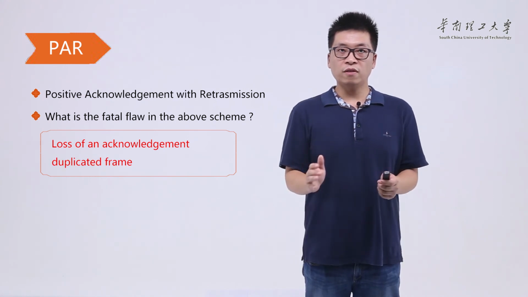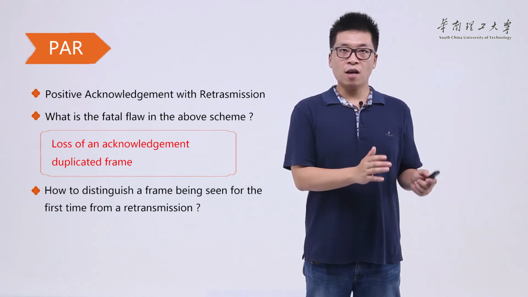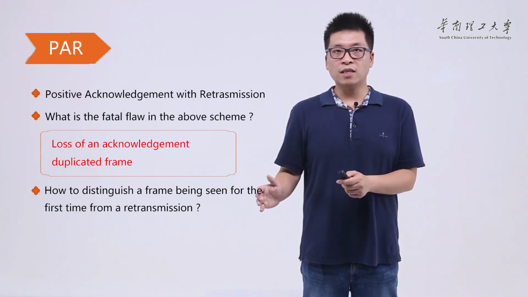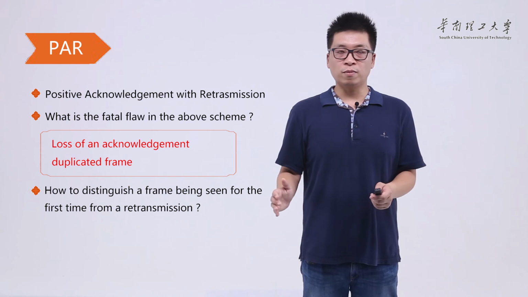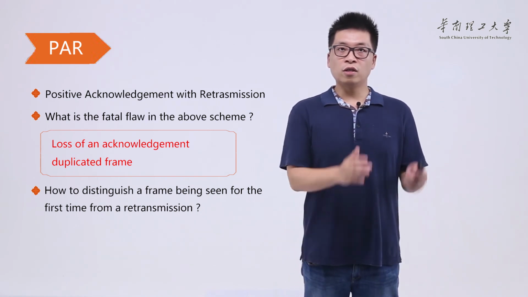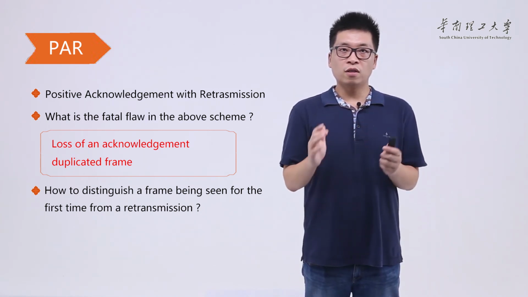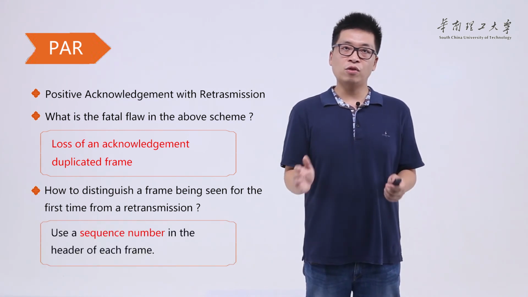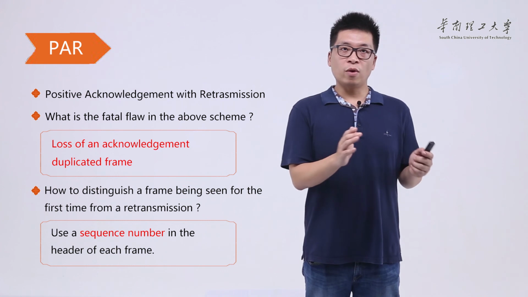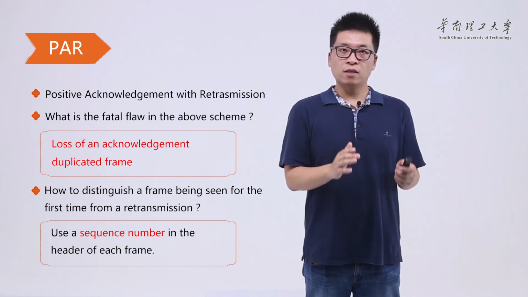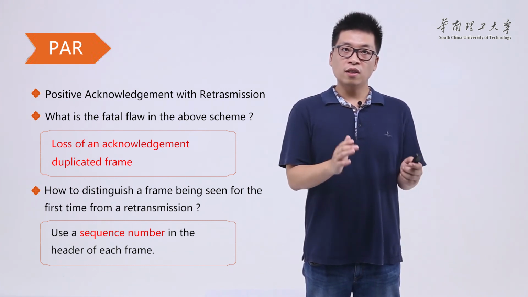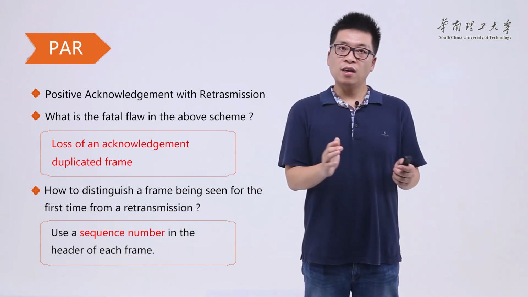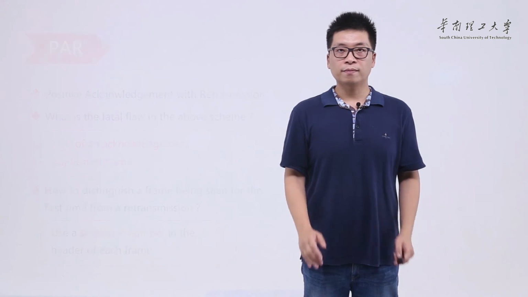So for the receiver, the question is how to distinguish a frame being seen for the first time from a retransmission. In order to solve this question, we can use a sequence number in the header of each frame. So when the receiver receives a frame, it will check whether this is a new sequence number, whether this is a sequence number it has never seen before.